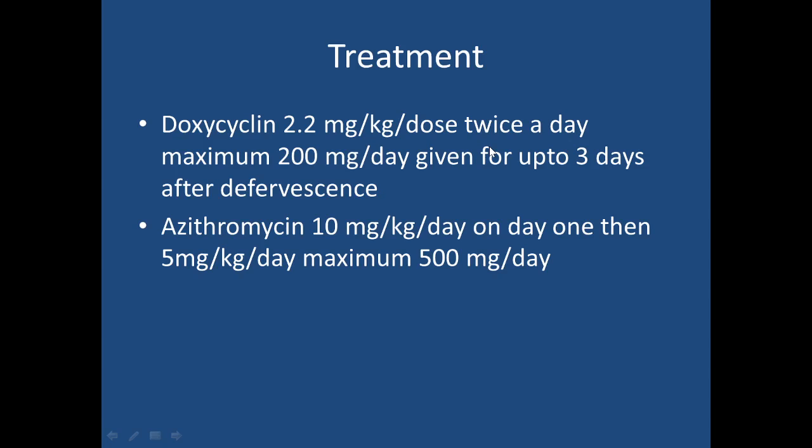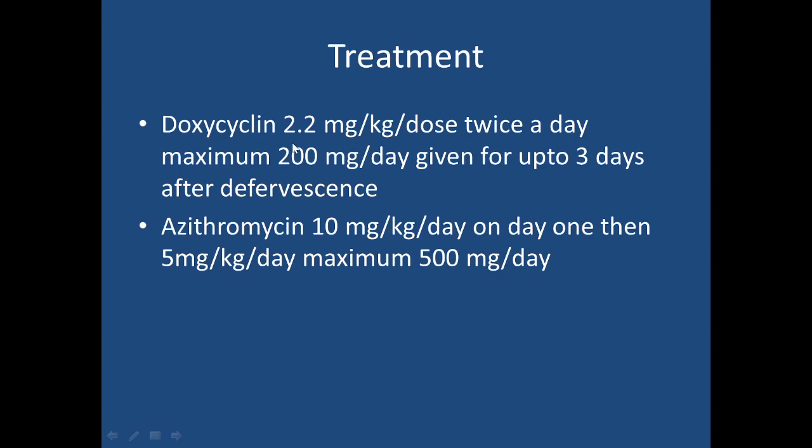We have to give doxycycline at least until 3 days after the fever subsides. Usually we have to give it for 5 to 7 days, but in case of complication, more than 10 days of doxycycline can be required. It can be given in intravenous form or oral form.